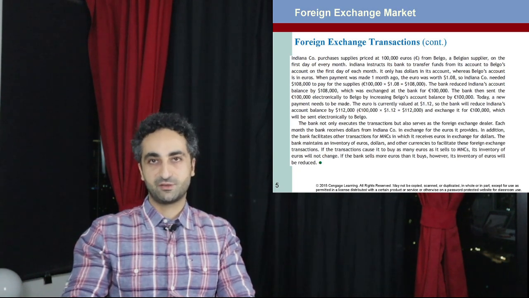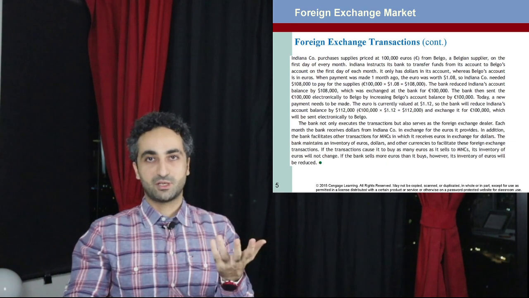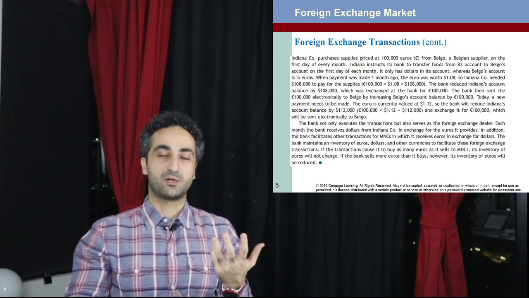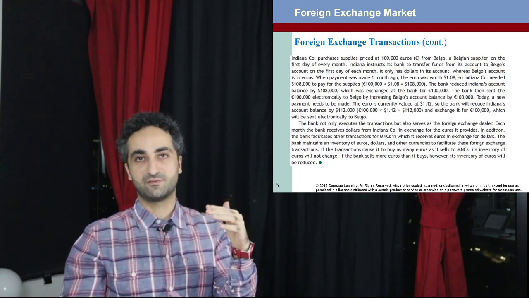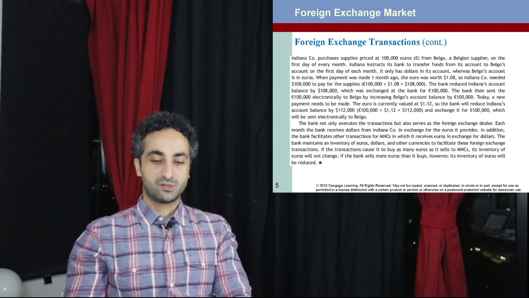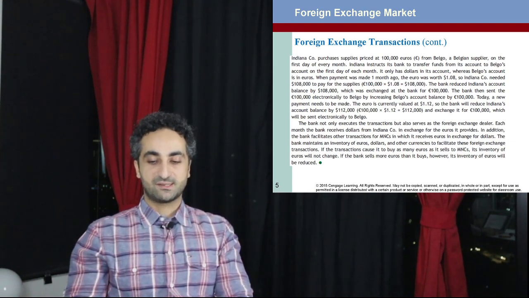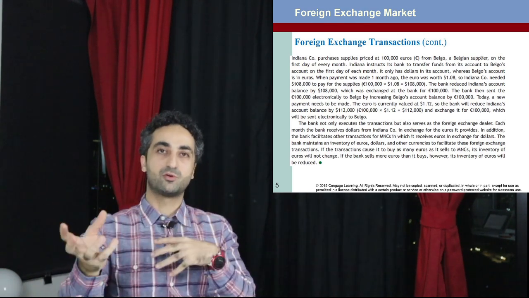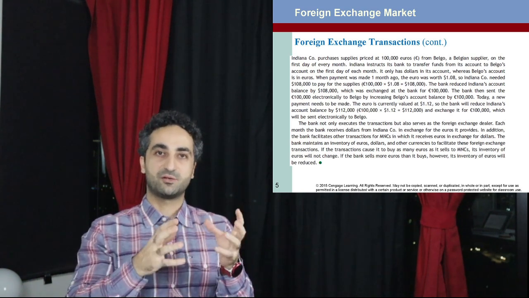How much inventory you will keep, it's based on the market. Basically, let's say the bank notices more people are requesting for Malaysian ringgit. So they will increase their reserve of Malaysian ringgit. So if the transactions cause it to buy as many euros as it sells to MNCs, so if we needed the same amount of euros and dollars, basically we discussed one company needs 100,000 euros.